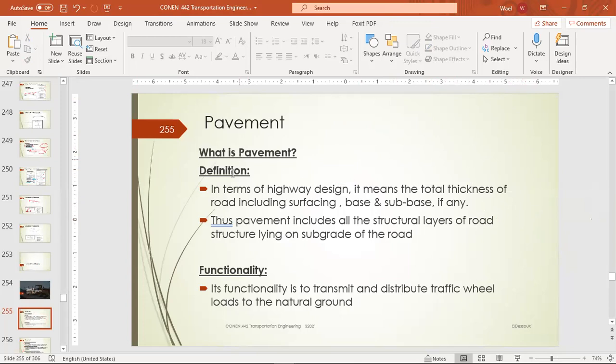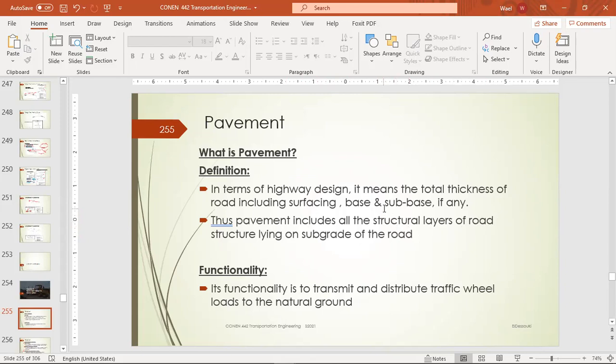So the definition of pavement in terms of highway design means the total thickness of the road, including surfacing, base, and subbase. In other words, pavement includes all structural layers of road structures laying on the subgrade of the road. So everything above the natural ground.